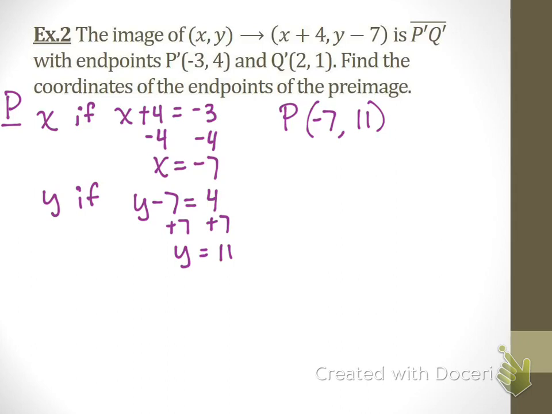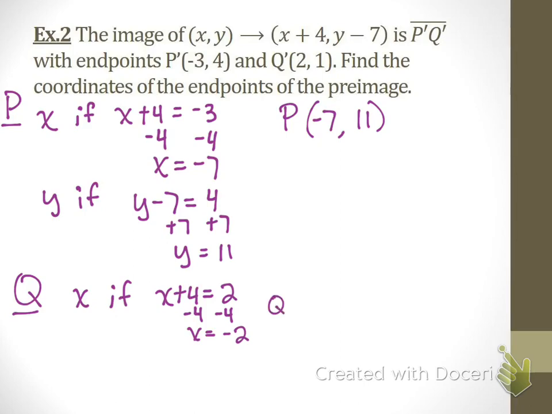So q is going to be the same idea. We're trying to find x if x plus 4 equals what? What was the x coordinate of q prime? 2. So how would we solve it? Subtract the 4, x equals -2.